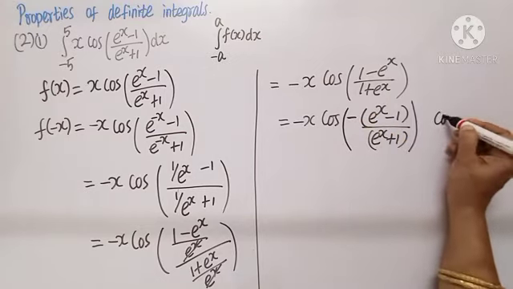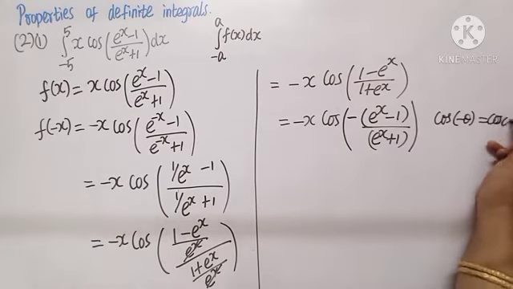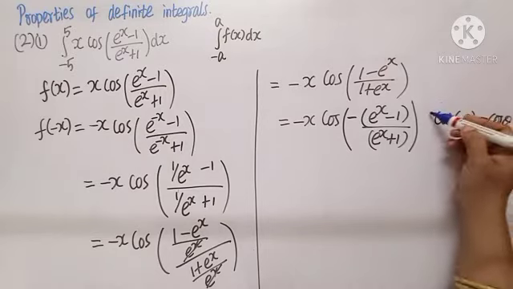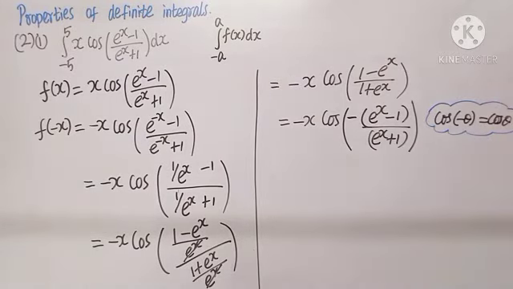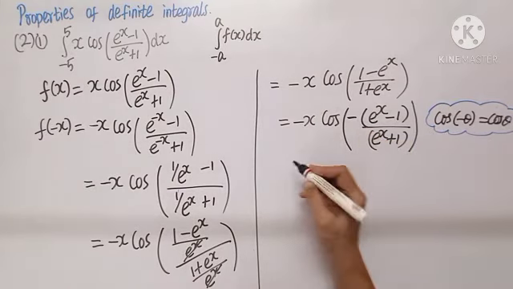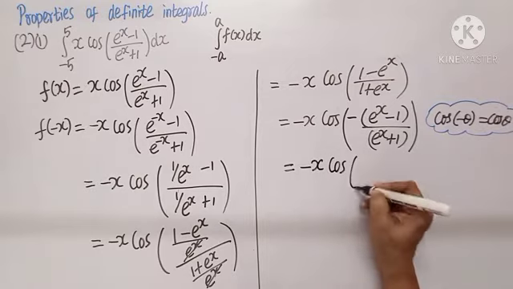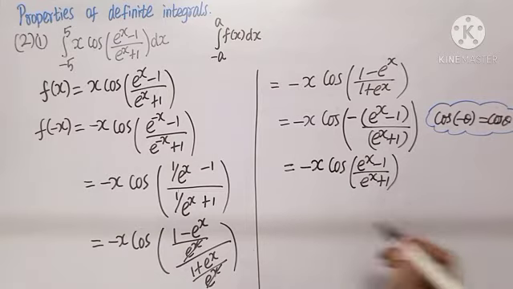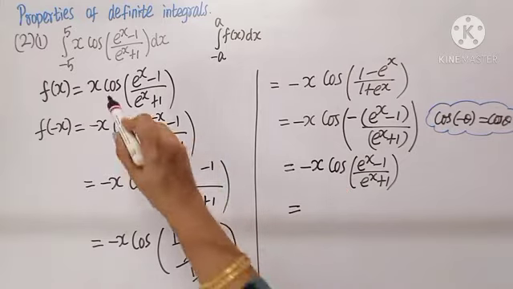You remember the formula, cos of minus theta is cos theta, because cos is an even function. So cos of minus (e power x minus 1) I can ignore this minus symbol and write minus x cos of (e power x minus 1) by (e power x plus 1). Compare this and the function.